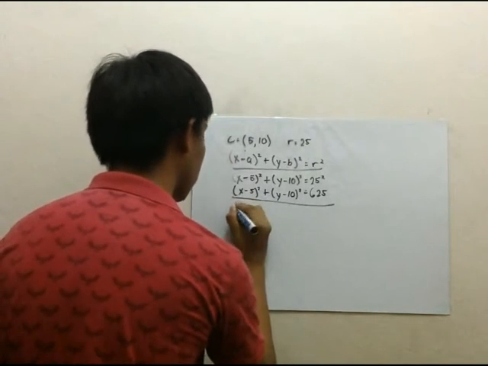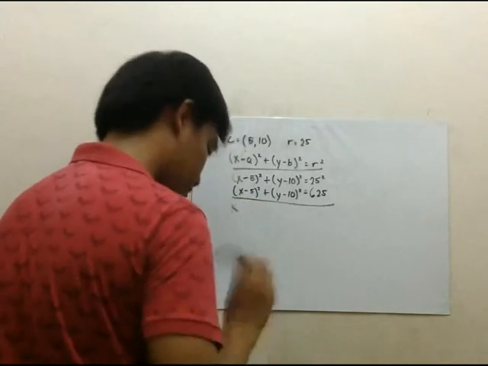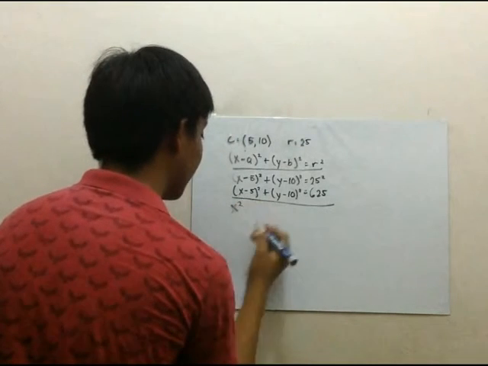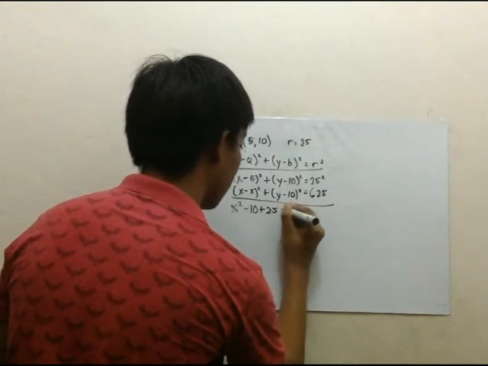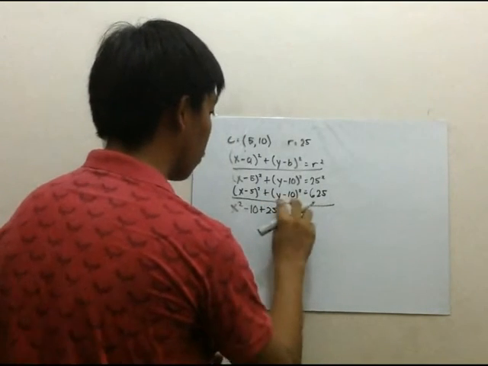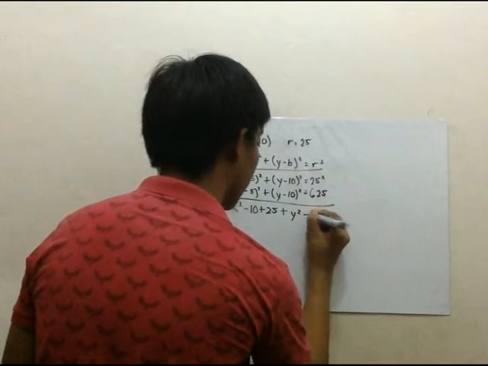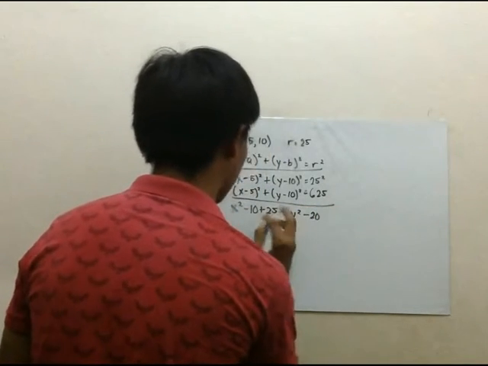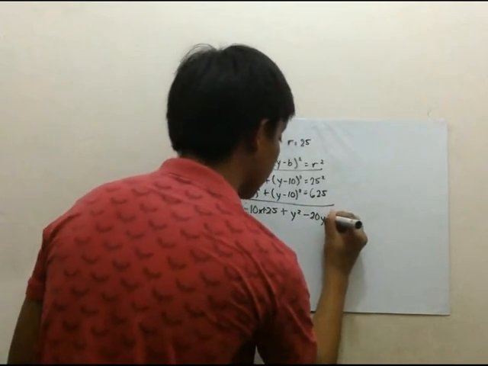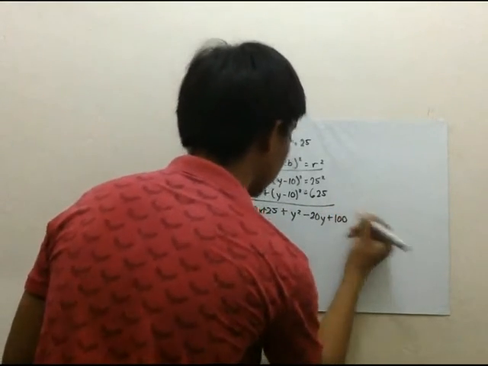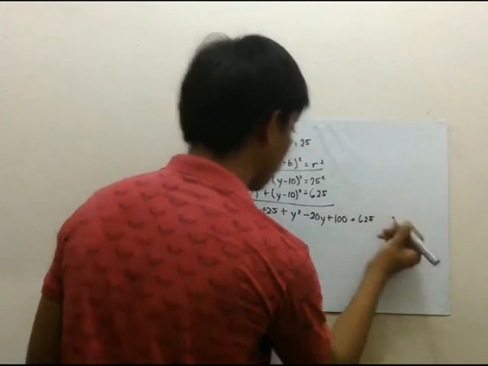And it is equals to x squared minus 10x plus 25. Now the y: y squared minus 20y plus 100 equals to 625.